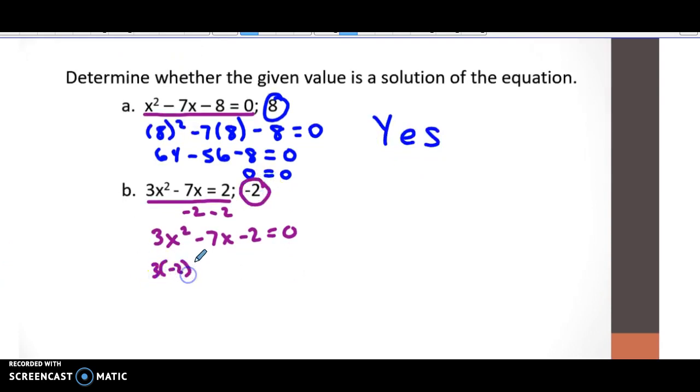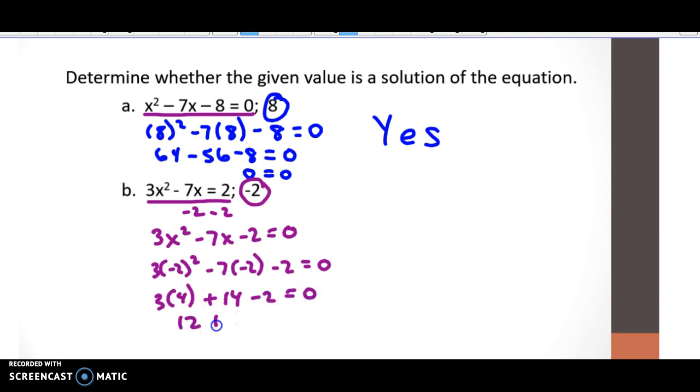So I'm going to substitute negative 2 for x. And now let's simplify. Order of operations tells me to do exponents first, so negative 2 squared is 4. Here I have negative 7 times negative 2, which gives me a positive 14.